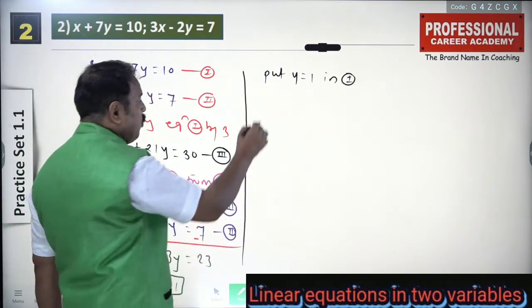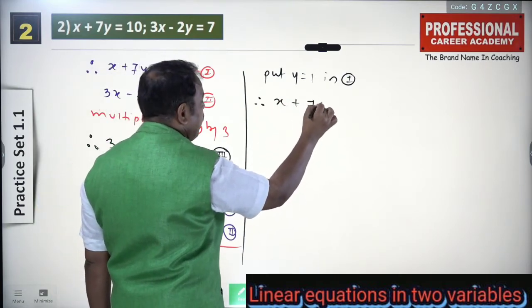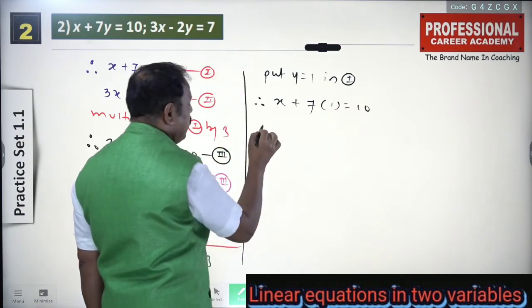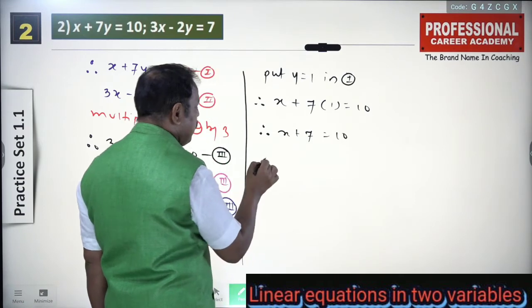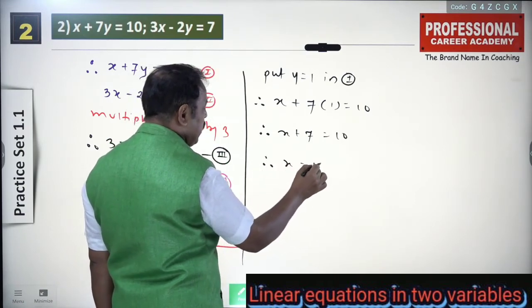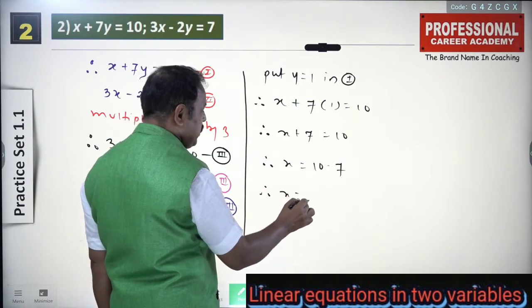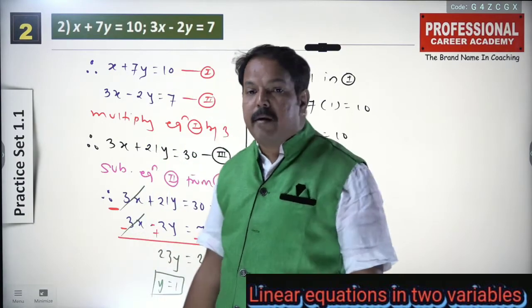So in equation 1, x as it is plus 3 into y is equal to 10. Therefore x is equal to 10 minus the value. So we got the values of both the variables.